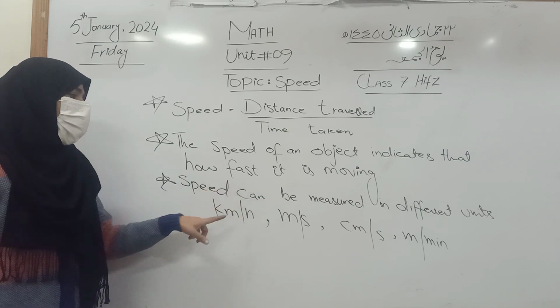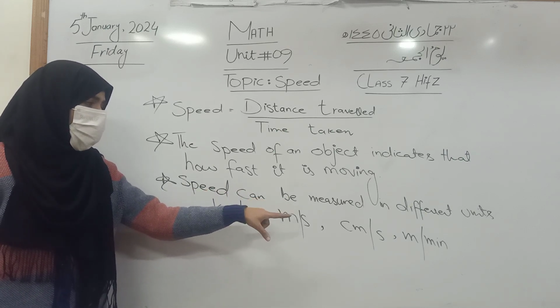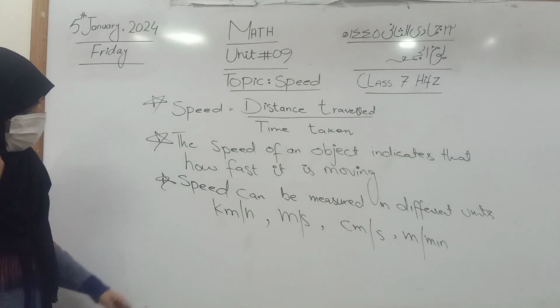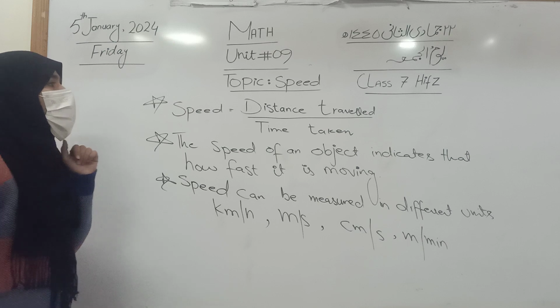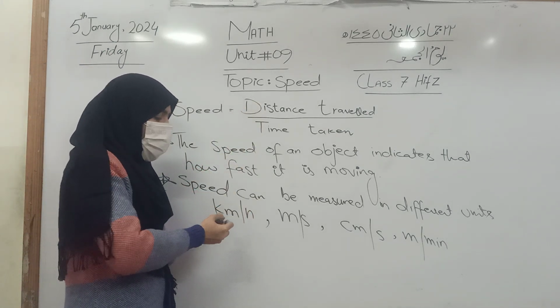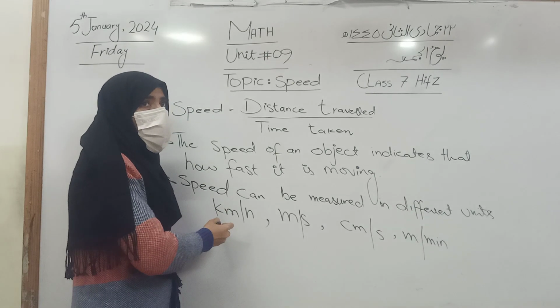Speed can be measured in different units like kilometer per hour, meter per second, centimeter per second and meter per minute. How can we say that these are the units of speed? Actually, distance can be measured in different units like centimeters, meters, kilometers.